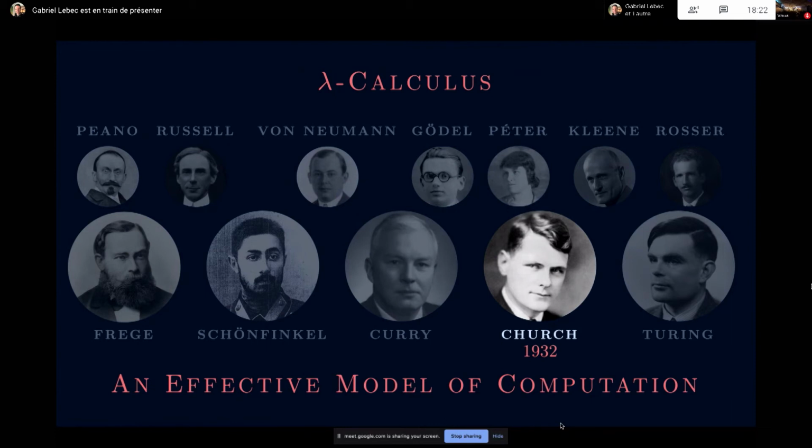But he uses this to answer a very important question of the time, which was David Hilbert's decision problem. This was a previously unsolved problem which asked, for any kind of computation or calculation, can you write a program that tells you whether that calculation, that expression, can have a final answer?